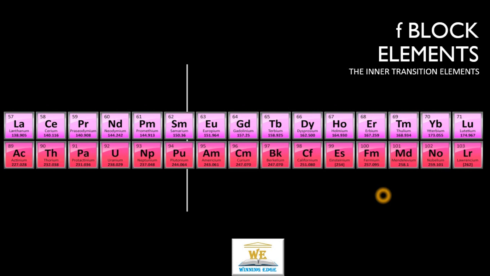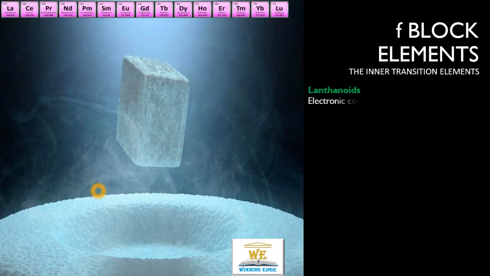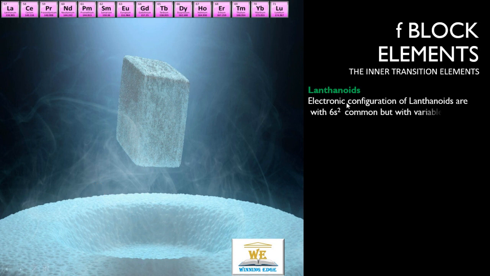So here we see the names are after certain scientists and cities. These are actinoids. First, lanthanoid. Electronic configuration of lanthanoids are with 6s2 common, but 4f orbital is variable in them, starting with lanthanum.